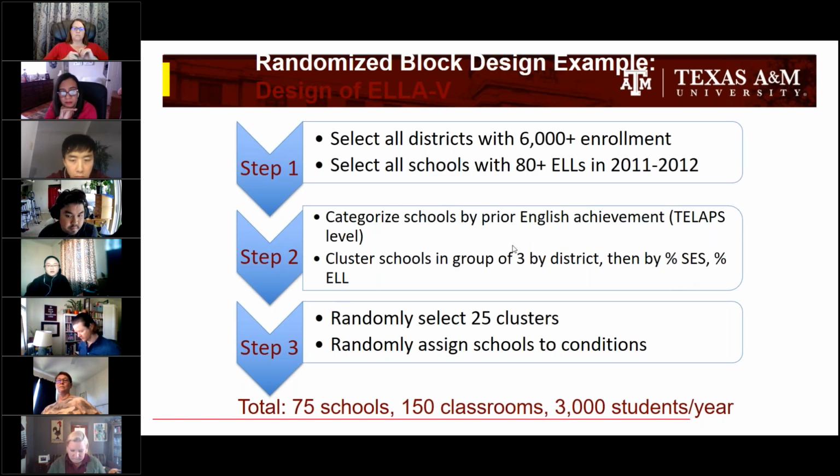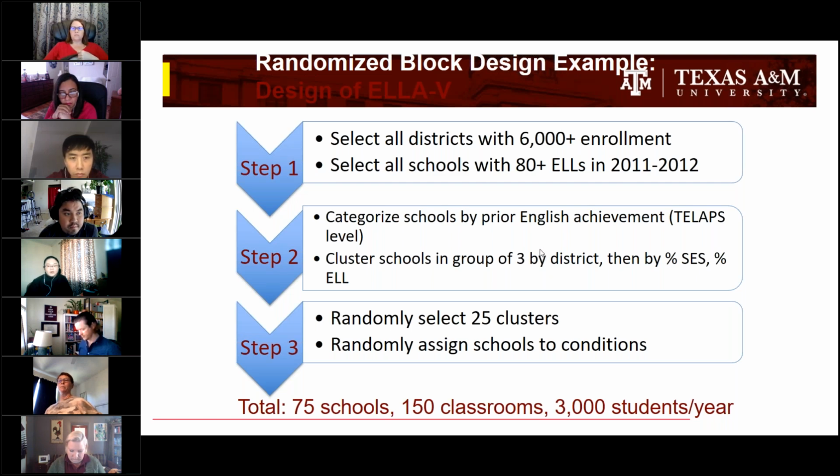So you may say, here is a group of 3 by district, because we know one district is different from another district. However, within one district, schools may share more similarities, but there are differences among schools.